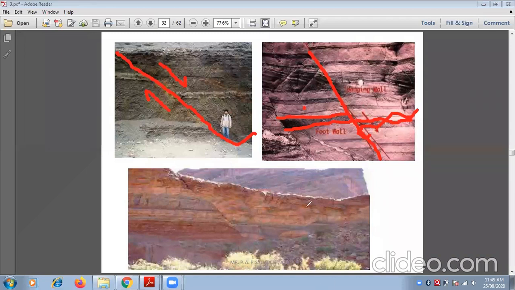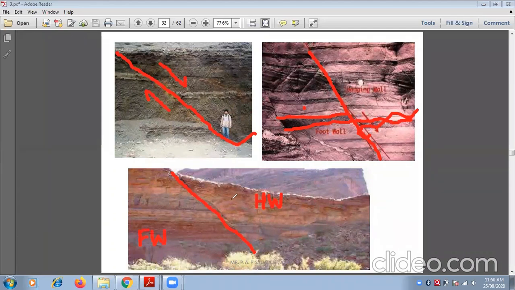Now here also in this bottom diagram, it is also a normal type of fault, where this is the fault plane and the displacement is clearly visible. The block which is above the fault plane is considered the hanging wall, HW is written here, and this is the block below the fault plane, so it is considered the footwall.